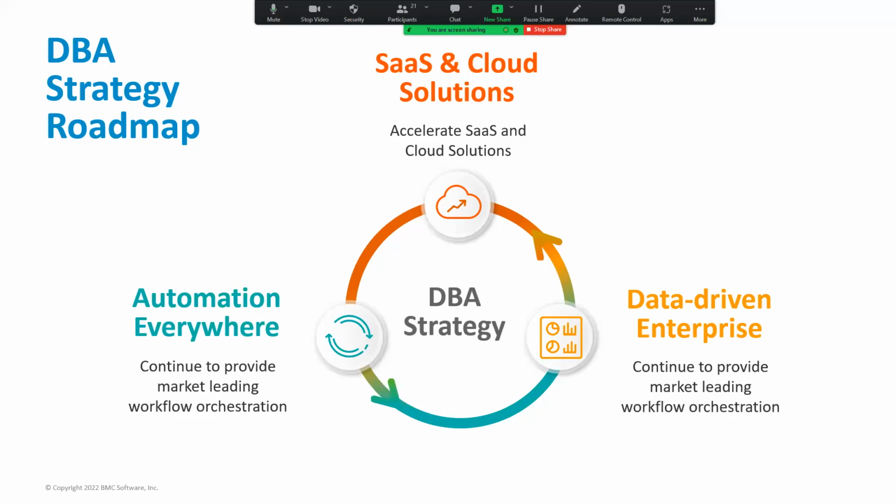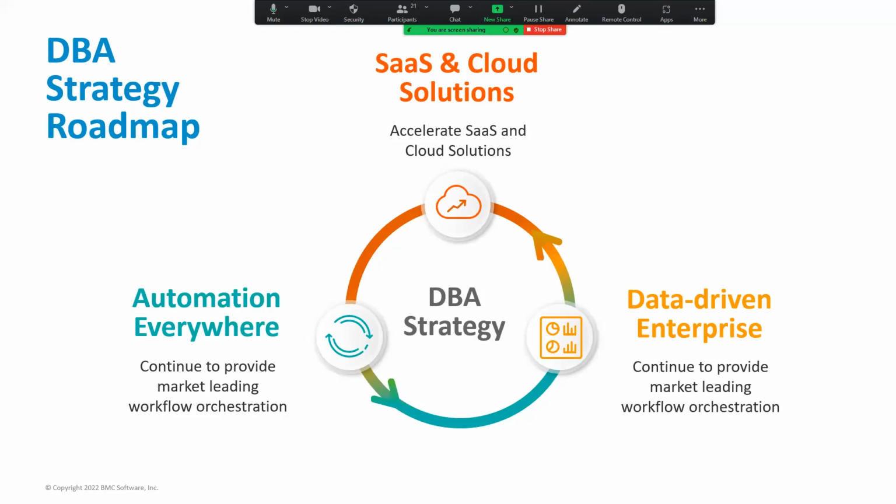And by the way, they are not independent. As you can see in the picture here, every pillar merges into another one. They are all linked. After all, it does not make sense to focus on SaaS and cloud solution if we do not aim to continue to be the best orchestration framework. So they are all merged into each other.